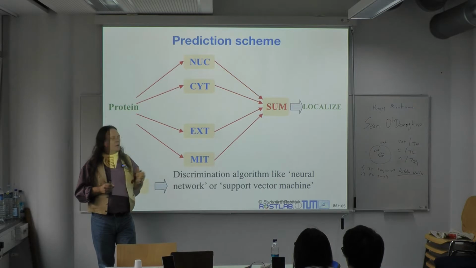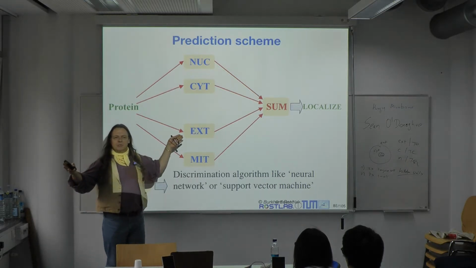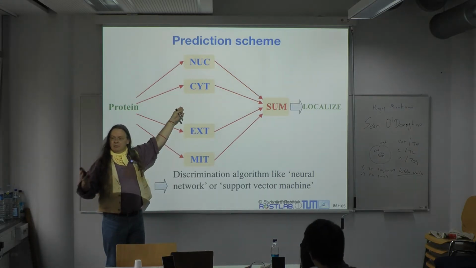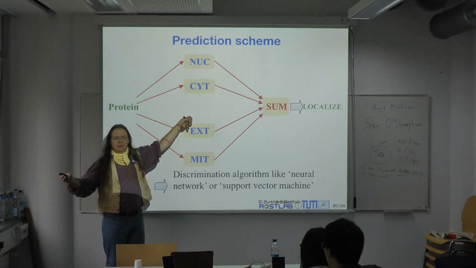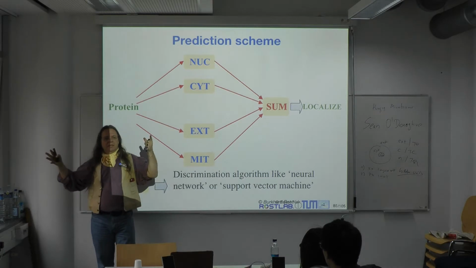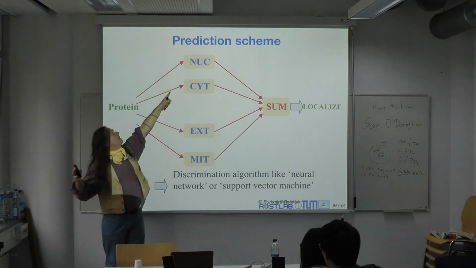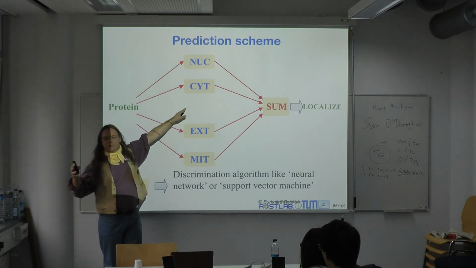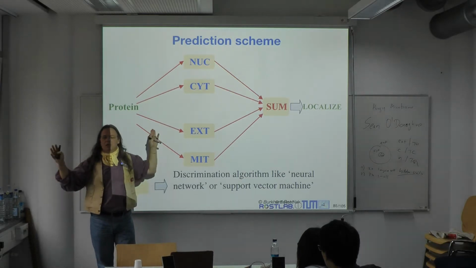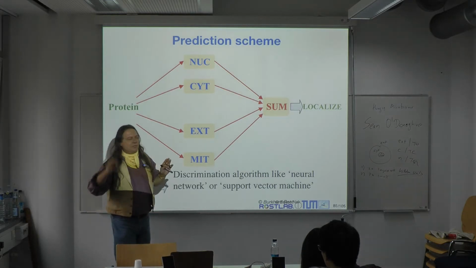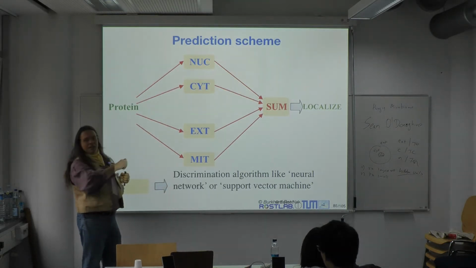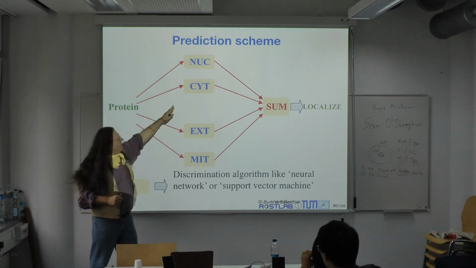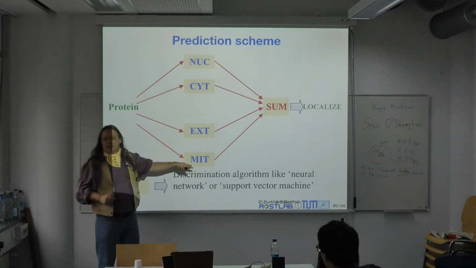So how do you decide? In this model that we proposed so far, we would have 4 different machine learning devices, whatever they are, SVM or neural network, and each of them would have a classification of nuclear, not nuclear, and so forth, cytoplasmic, not cytoplasmic. Which is my solution? Of course, the easy possibility is that this one says it's nuclear, and everybody else says it's not cytoplasmic, not extracellular, not mitochondria.